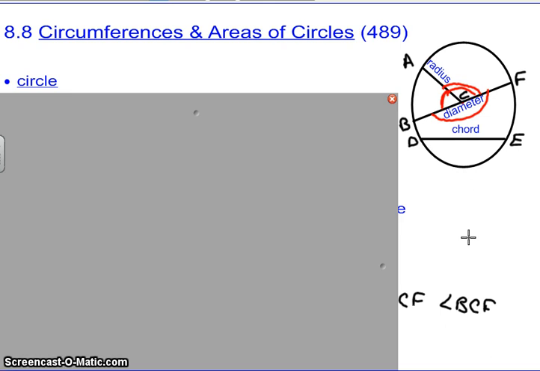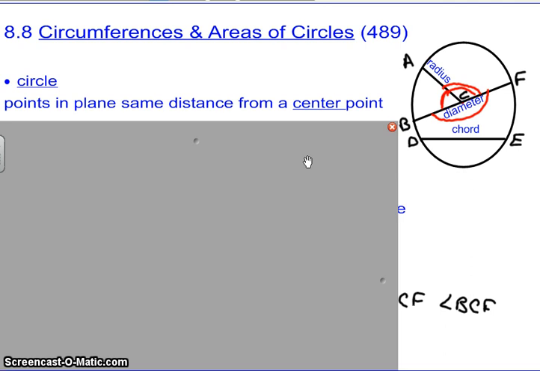Courtney? A segment whose endpoints are on the circle. Good job. Did you read that? Yeah. Oh, okay. That sounded like a book. She says a segment whose endpoints are on a circle. So a circle is a figure which has points, all the same distance from some center point.